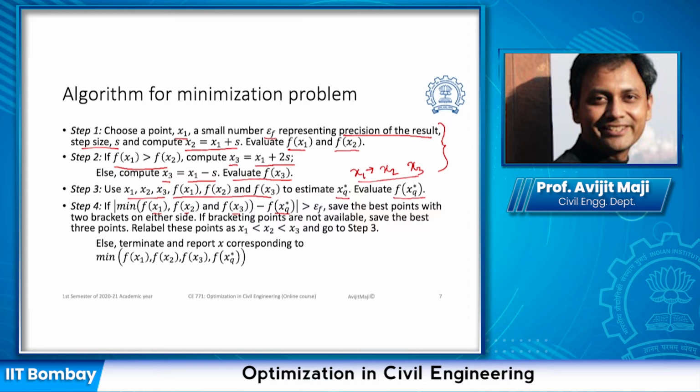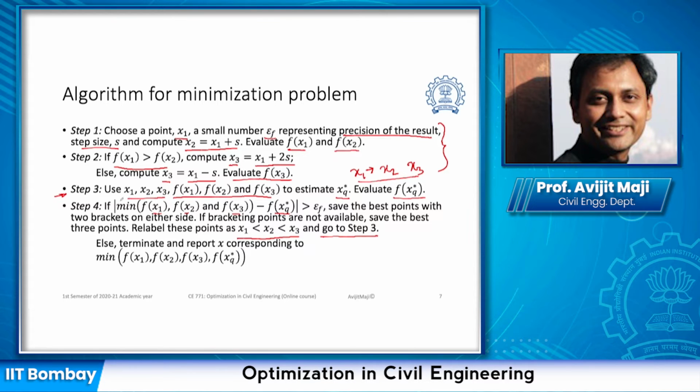If bracketing points are not available, for example the best point happened to be the edge point, then we have to save the best 3 points and relabel these points such that it is in a sequence.